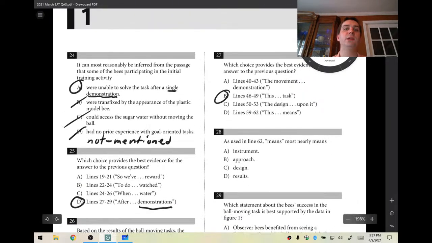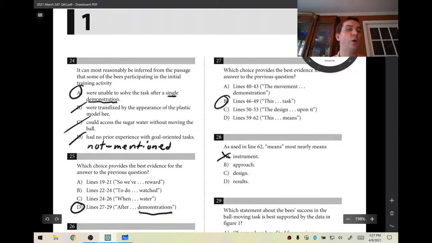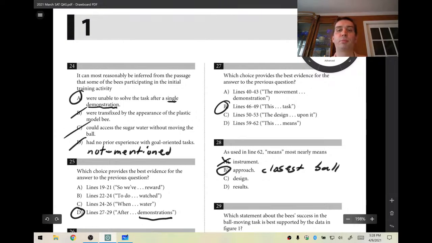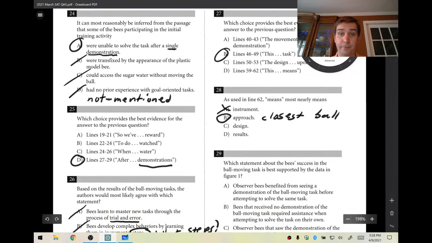Not by using the easiest instrument, that's not quite right, but by using the easiest approach, the closest ball. So be careful. Don't fall for near words that don't almost make sense. They weren't looking for the closest instrument, but the means most closely means approach, not instrument here.